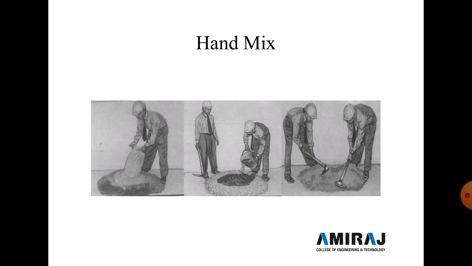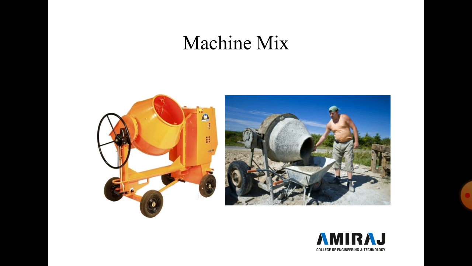Now next is machine mix concrete. Here you can see a yellow colored machine. In this machine mix concrete, first we throw the aggregate in the mixer pan, then the sand, and then the cement, and all the materials are mixed thoroughly in dry form.